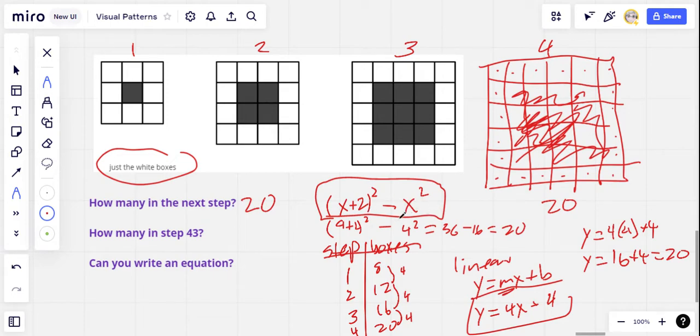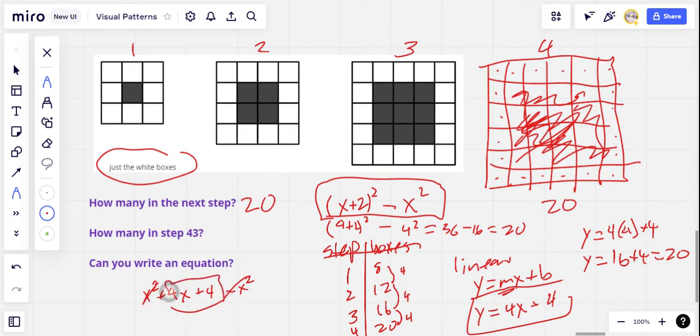Well, I'm going to do a little math with this one, if you'll just bear with me for a minute. I'm going to FOIL out this x plus 2 squared. You can try that on your own. X plus 2 times x plus 2. It's going to give you x squared plus 4x plus 4. And then we have this minus x squared. And if we combine the like terms, this x squared and the minus x squared, they cancel out.